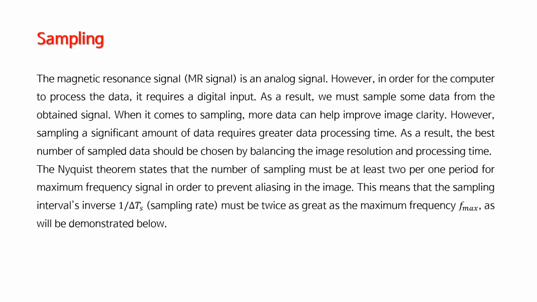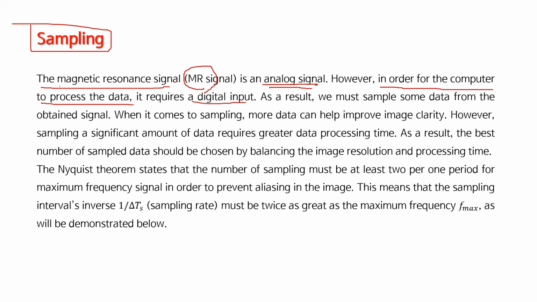Now let's see how to do sampling of the data. The magnetic resonance signal, MR signal, is an analog signal. However, in order for the computer to process the data, it requires a digital input. As a result, we must sample some data from the original analog signal.